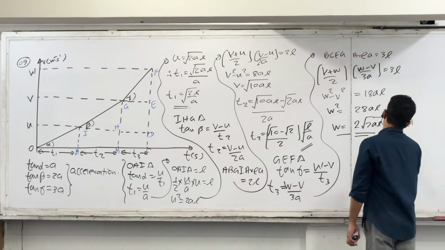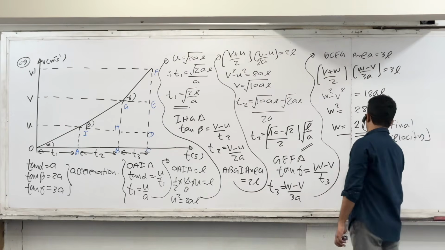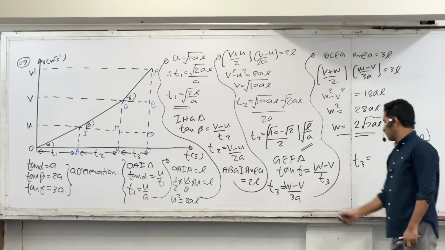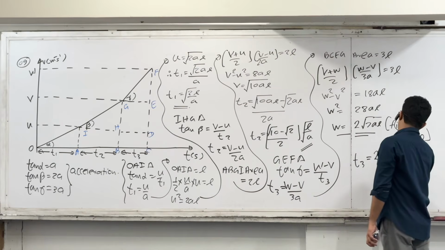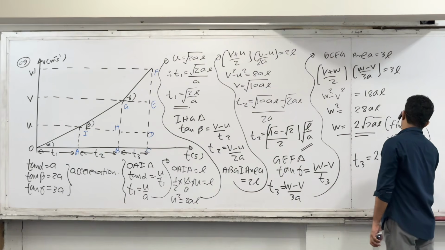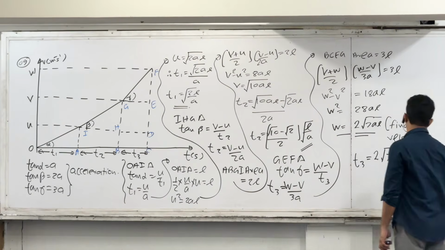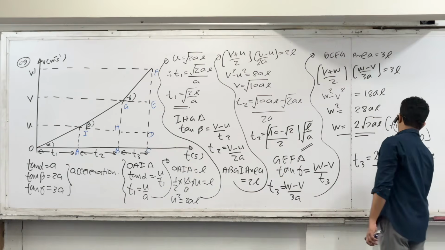Now you can find what T3 is. T3 was W minus V over 3A. W is 2 root 7AL minus V, and V is root 10AL, divided by 3A.